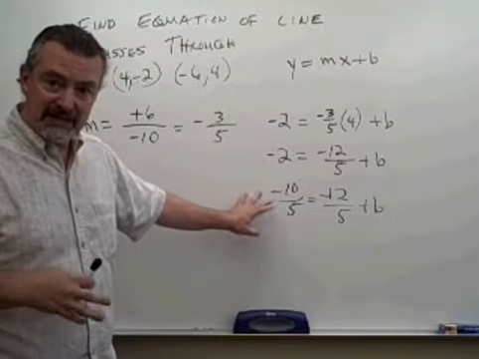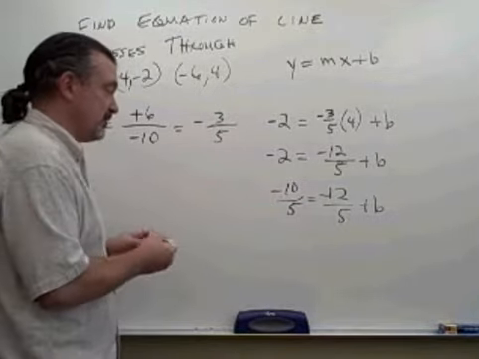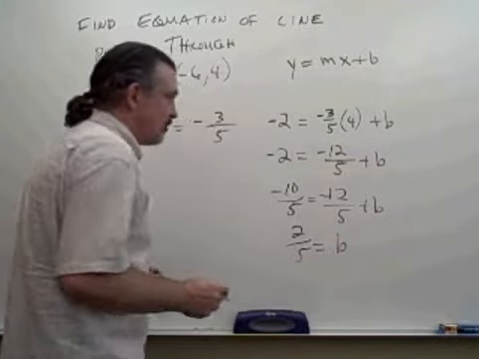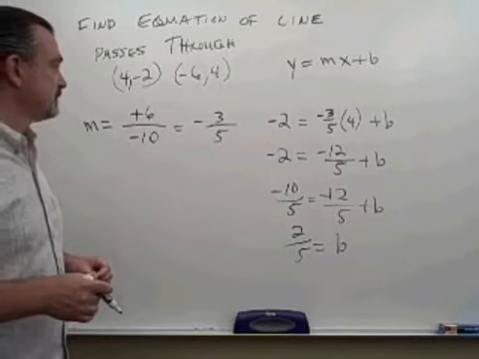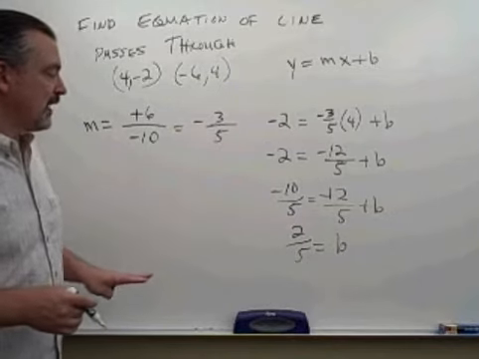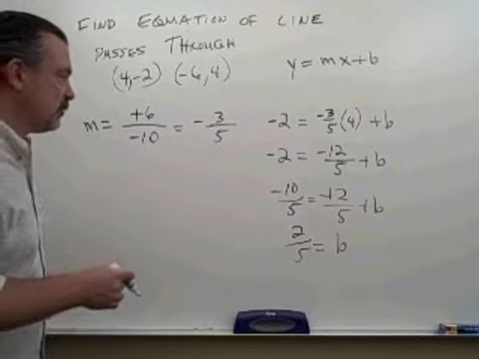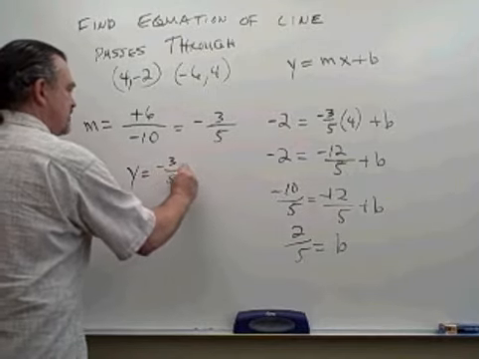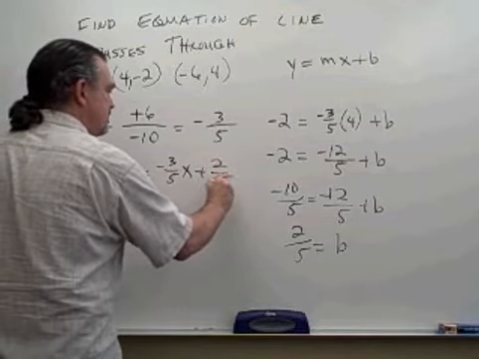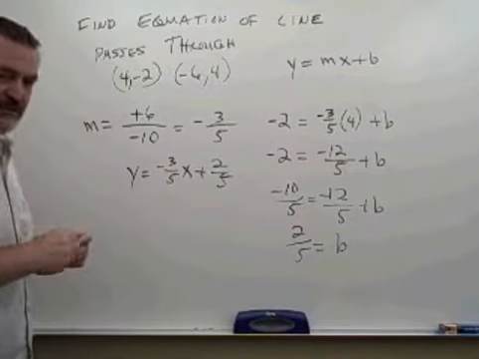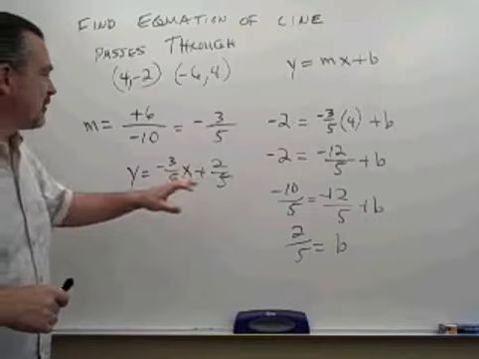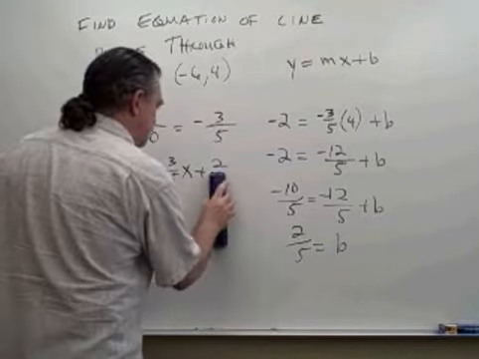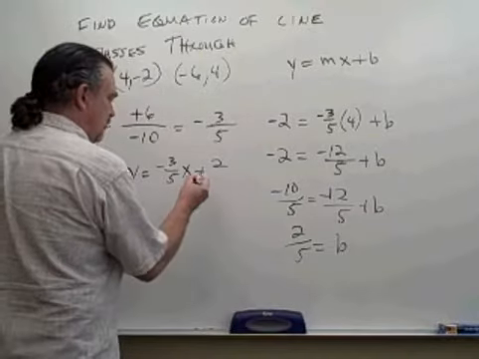And 12/5 added to -10/5 would give me 2/5. So b equals 2/5. So my equation would be that y equals -3/5 x plus 2/5, now that I found that the b value was 2/5. So here's my equation in slope-intercept form.